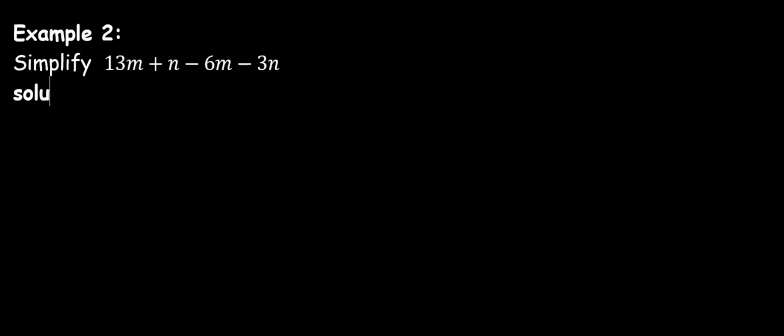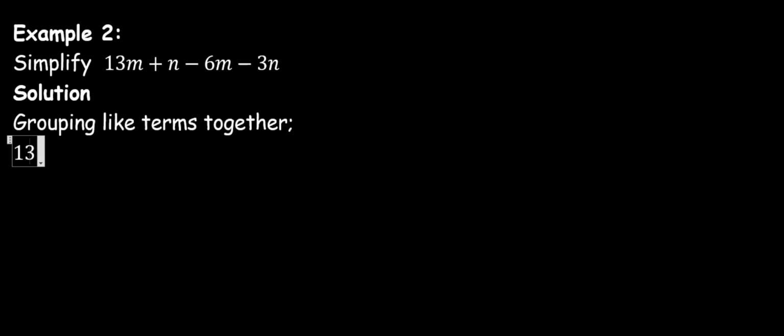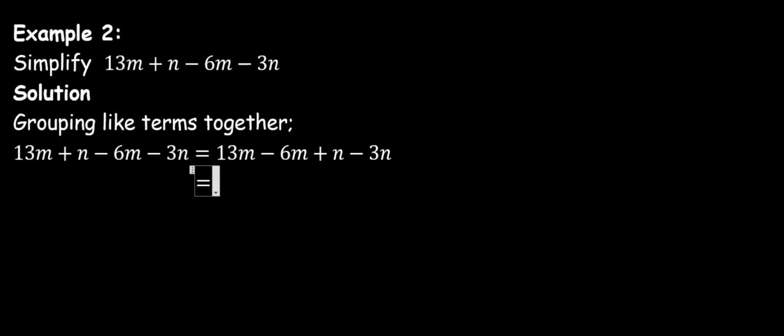Solution. Grouping like terms together, we have that 13m plus n minus 6m minus 3n will be equals to 13m minus 6m plus n minus 3n. Our result will be 7m minus 2n.